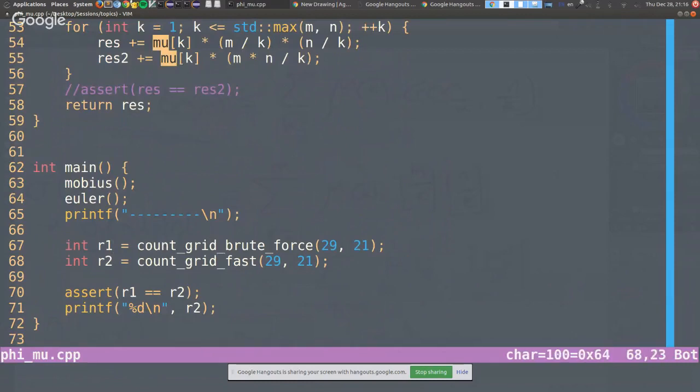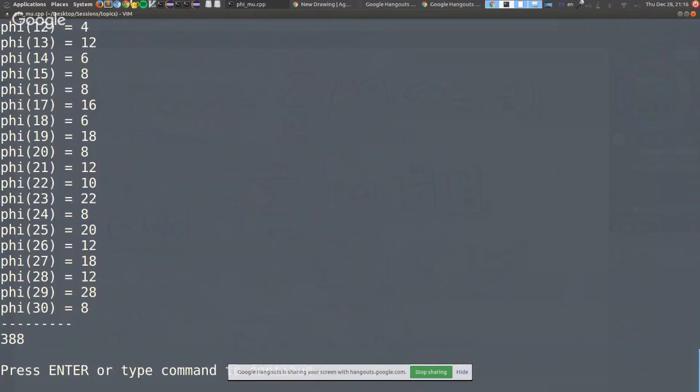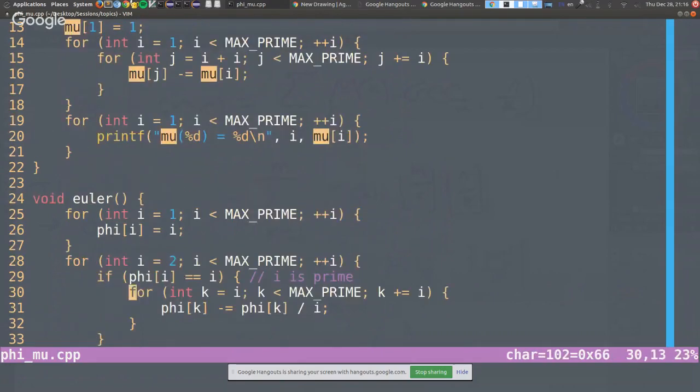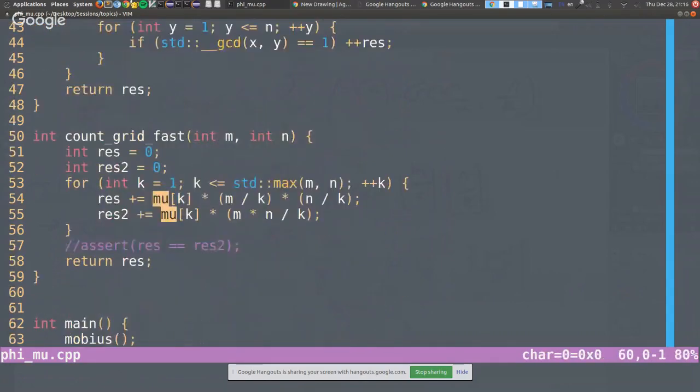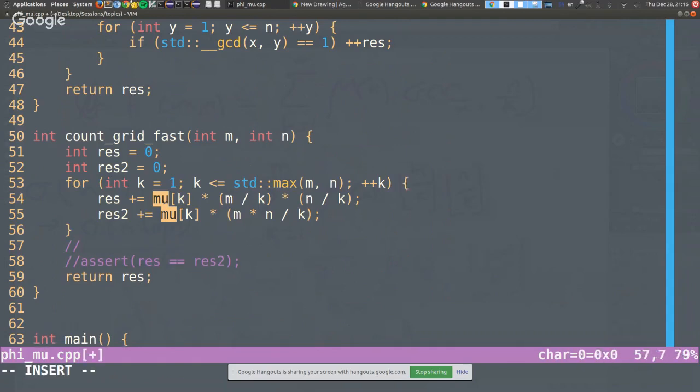So the brute force method and the fast method are both getting the same result because this assertion passed. And the number we got as an output is 388. Well, I'm not sure why this is. I have to check it out. It would be nice to see where the value is.